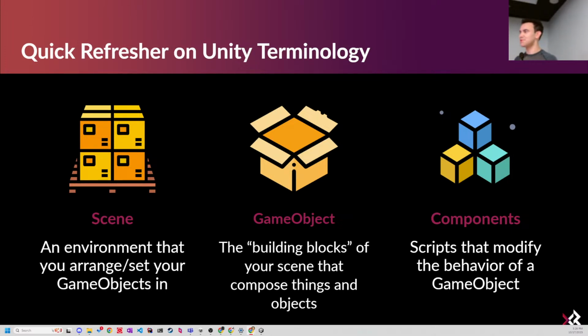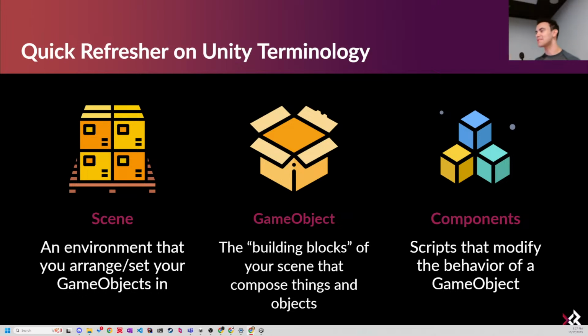Okay. And once again, before we continue, just to remember our fundamentals from last week. In Unity, we have three very important concepts that dictate how we think of any Unity concept. We have a scene, which is basically the environment that we stage our world in.